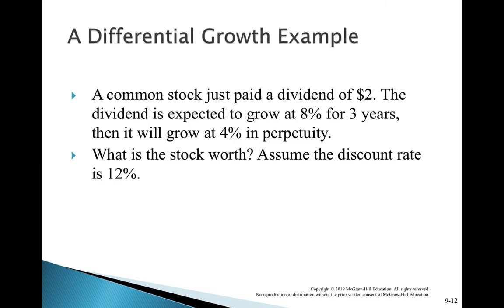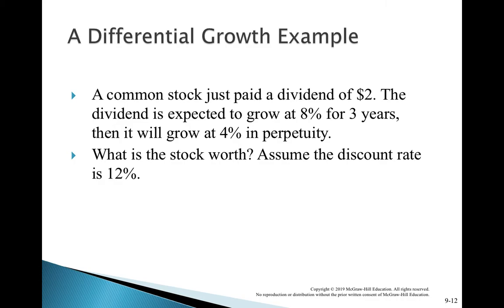A common stock just paid a dividend of $2. Dear students, here try to keep certain things in mind on how to do this exercise in the spreadsheet, and through formula also we will do it. A common stock just paid a dividend of $2. That means D0 is $2.